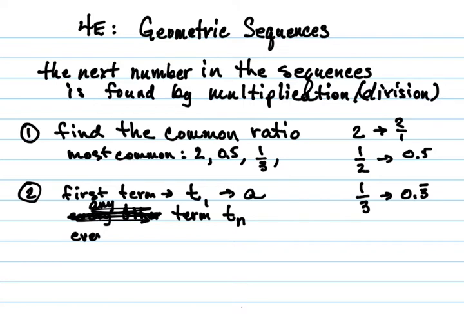And then the next term, let's put it that way, I keep changing my mind, don't I, is always t sub n plus 1. So any term is t sub n. The next term is always t sub n plus 1. So we've talked about that terminology.